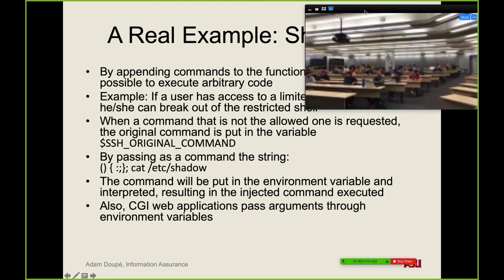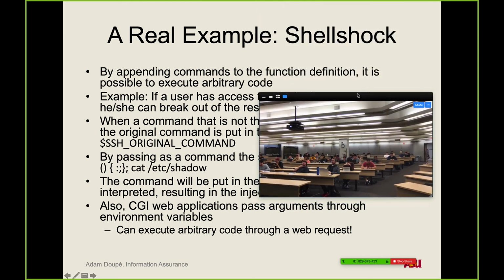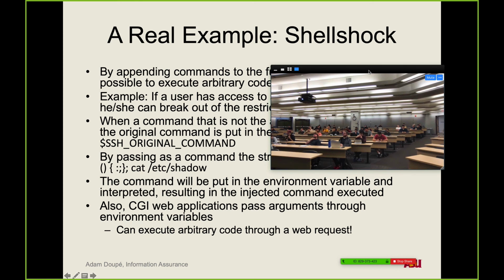The other area where this was highly vulnerable is web applications. Specifically CGI-based web applications, which there were still a lot of at the time, basically pass HTTP arguments from the user to the application, and you could execute arbitrary code on a web application simply with one web request. Shellshock, I think, was one of the first instances of a vulnerability with a name and logo and website and all this stuff.